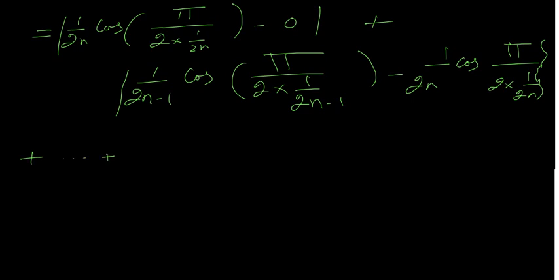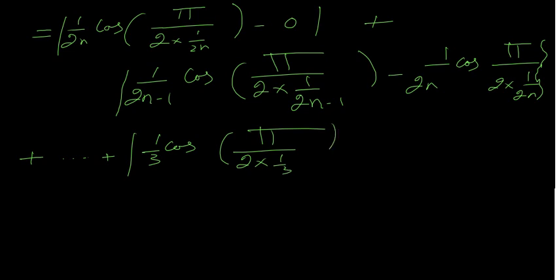Now we have f of 1 by 3, which is 1 by 3 into cos of pi divided by 2 into 1 by 3, minus 1 by 2 into cos of pi divided by twice x, x is here 1 by 2, because it's f of 1 by 3 minus f of 1 by 2.